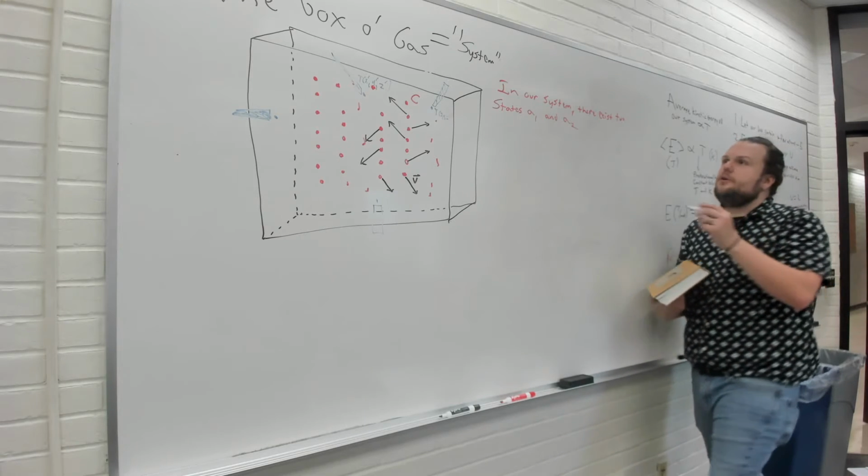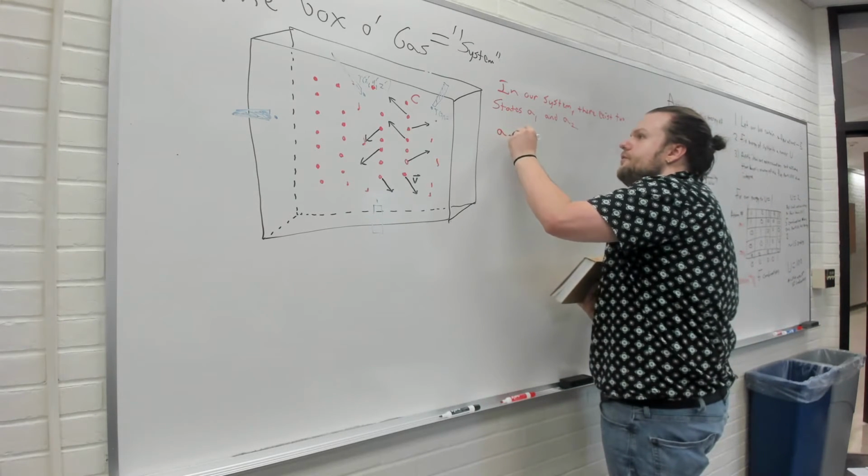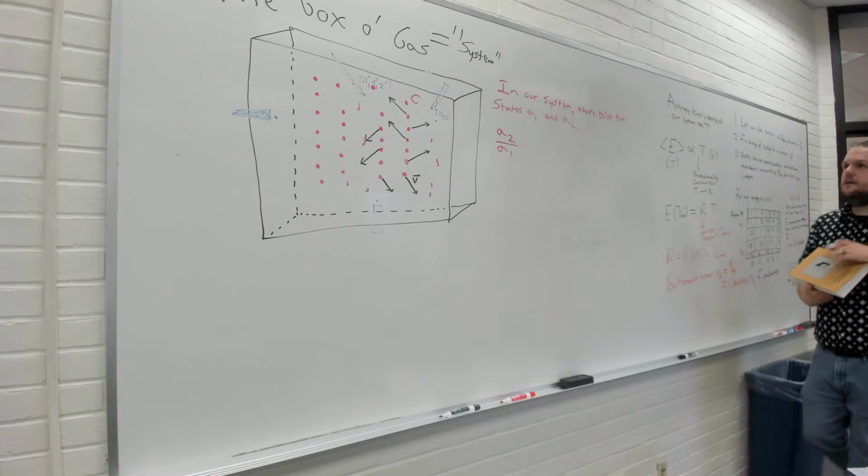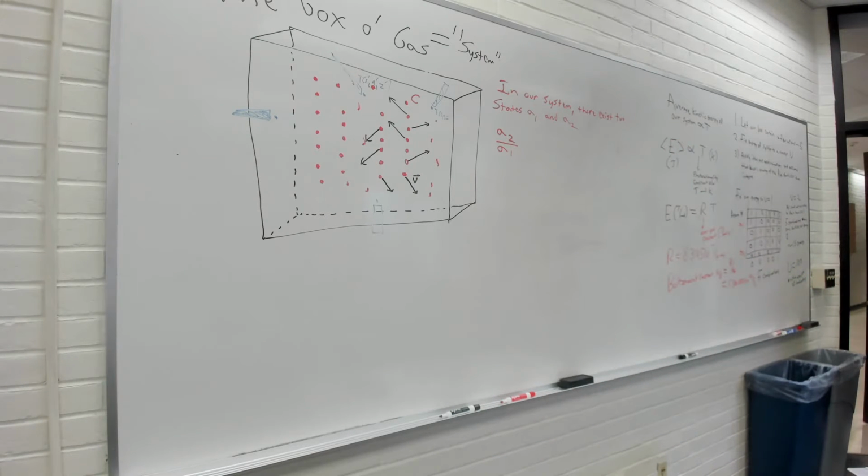So now I want to ask the question, what's the ratio of states 2 over 1? How much more likely is it for the system to be in state 2 than it is in state 1? Combinations where there's a pair of U equals 1 is A1, and combinations where there's a single molecule of energy 2 is A2, something like that.